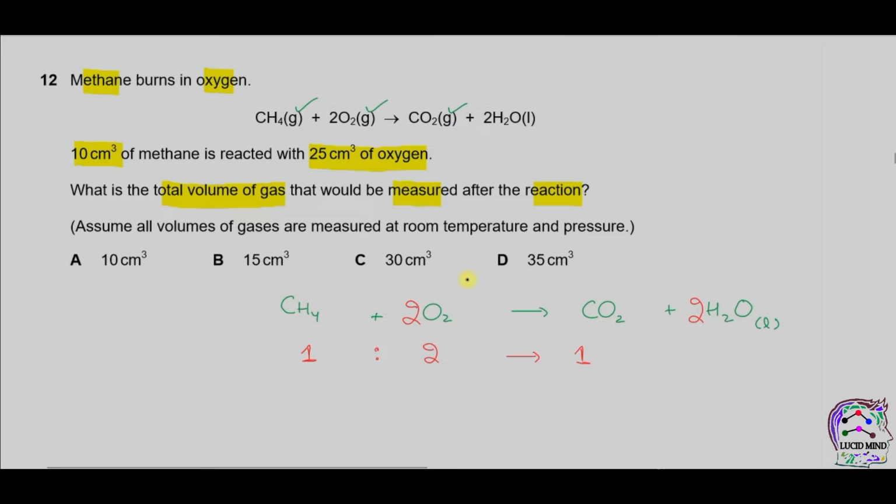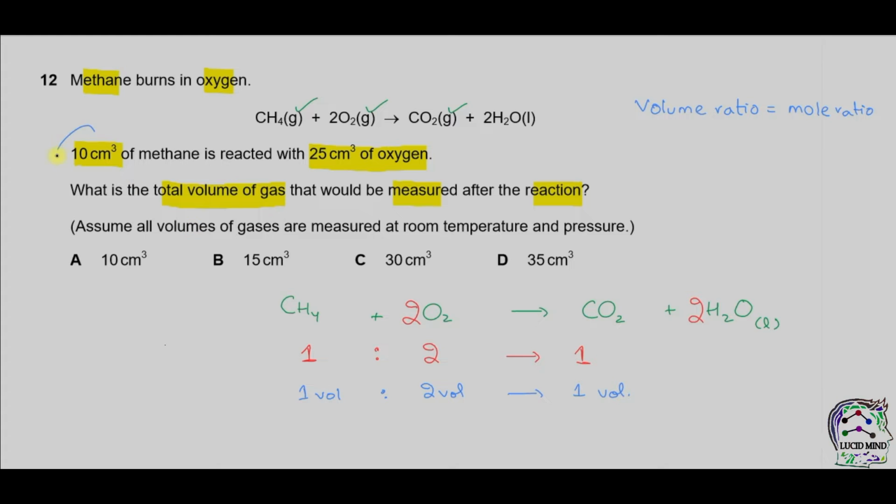For gaseous reactions, you should always remember that for gases the ratio of moles is the same as the ratio of volumes. So volume ratio is the same as mole ratio. Therefore, we can also say that 1 volume of CH4 reacts with 2 volumes of oxygen to form 1 volume of carbon dioxide.